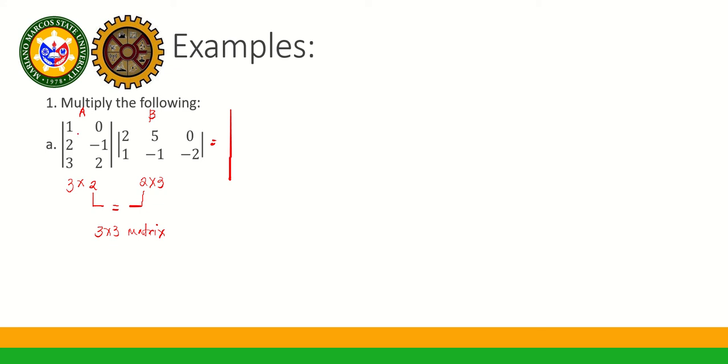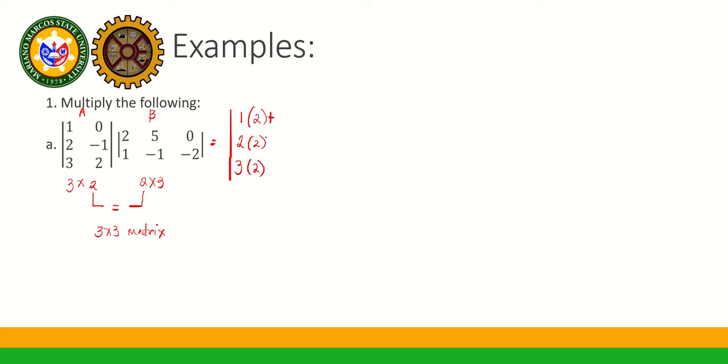Okay? So this will be equal to yung elements ng first column of your matrix A is multiplied to the first element of matrix B. So, ganito siya. 1, 2, 3, multiplied by 2, and then multiplied by 2.